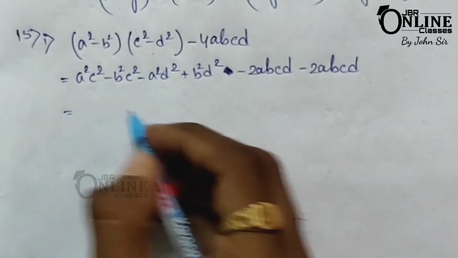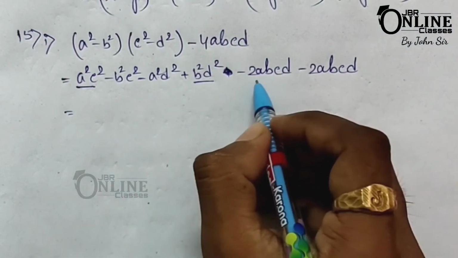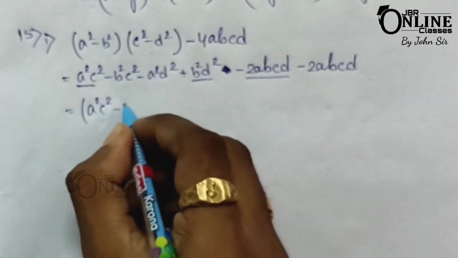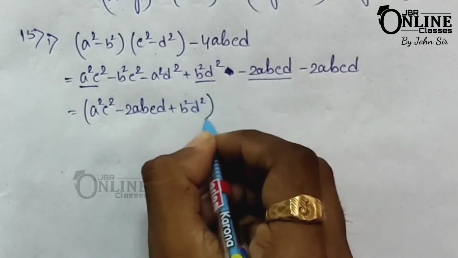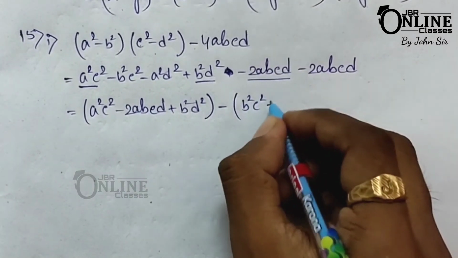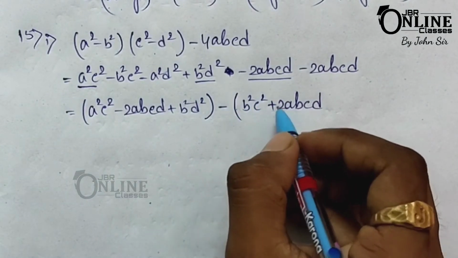Okay, now as here a square c square and b square d square and 1 2abcd, so just write down in a bracket a square c square minus 2abcd and then b square d square. Now minus common and write down the remaining terms, b square c square plus 2abcd as minus common, so all the sign will be changed.